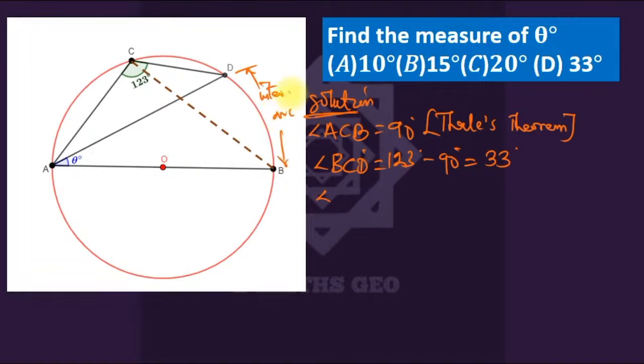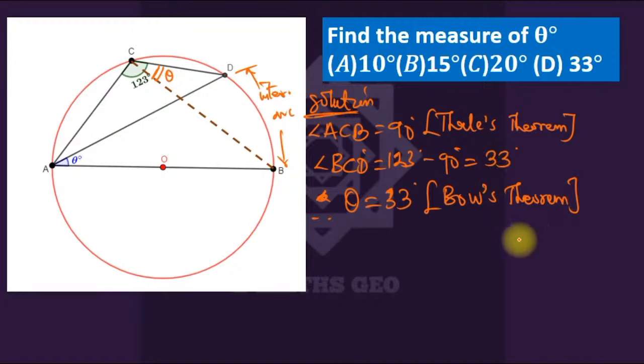So you see that this angle, let's call it theta, will be the same as this, since here is theta, here is theta, based on the Bose theorem. So therefore, theta will now be 33 degrees based on the Bose theorem, which is option D. So it's a tricky question, but it's easy.